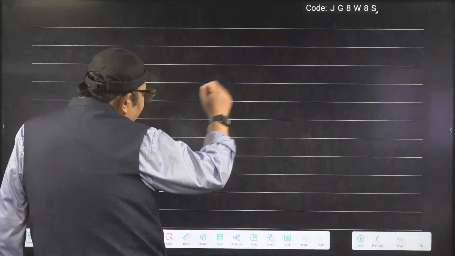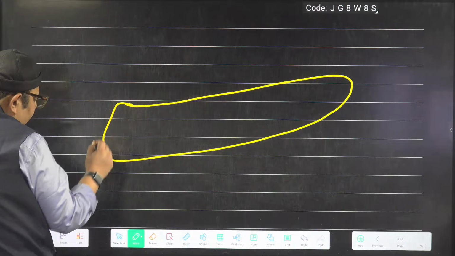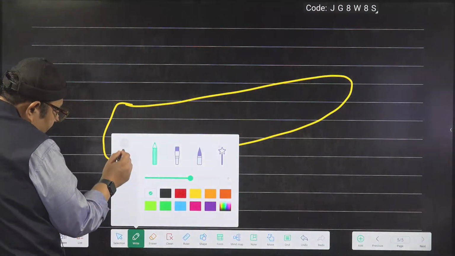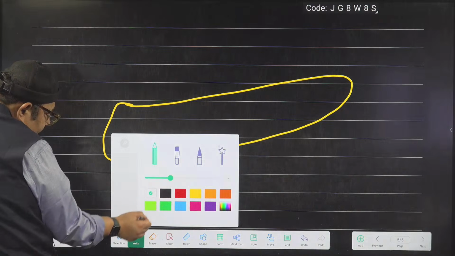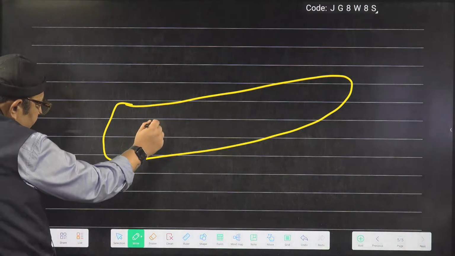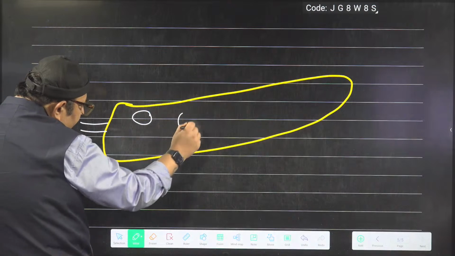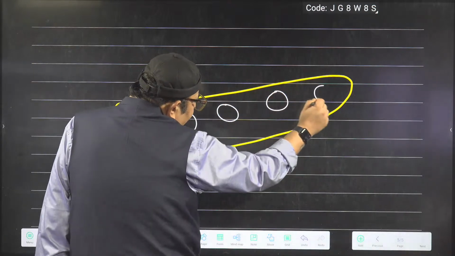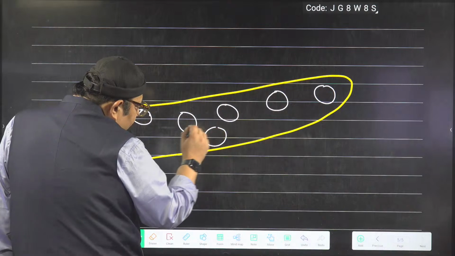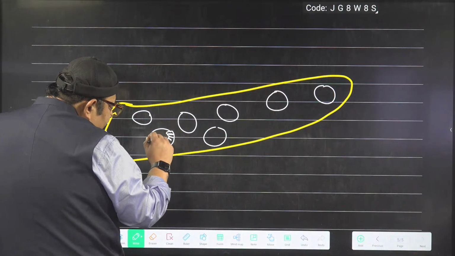I hope everyone has heard the name pancreas. In the pancreas, the part which is producing the secretion has these types of pancreatic lobules, and my dear children, this is epithelium.